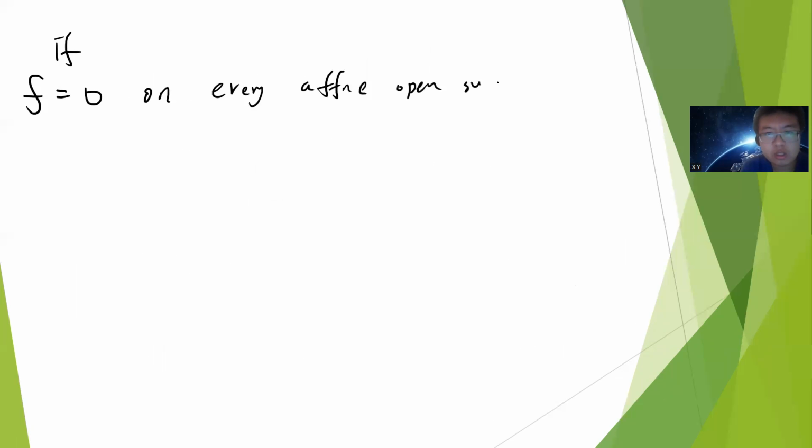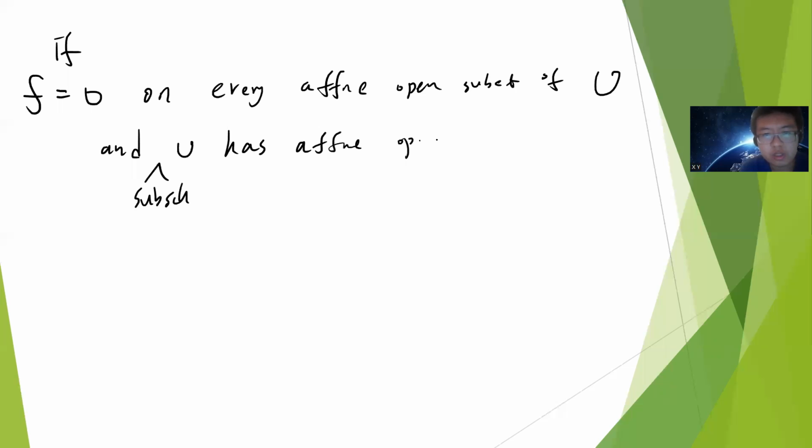Okay, so let me write down. If it's 0 on every affine open subset of U, and we also know that U is a subscheme, so the subscheme U has an affine open cover.